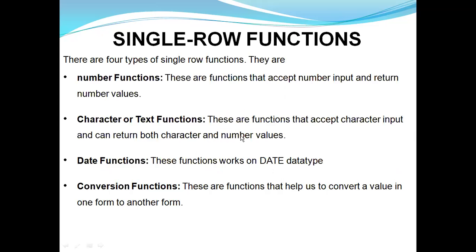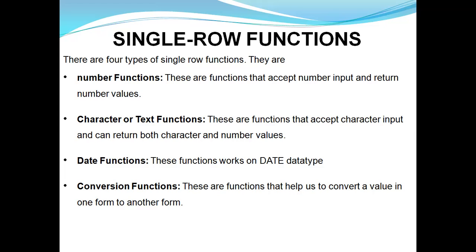Very simple. Now, single row function is further divided into 4 categories, and these categories depend on the data types. So the first is called number functions. A number function simply means it takes an input as a number and returns the output as a number. That's why it is called a number function.